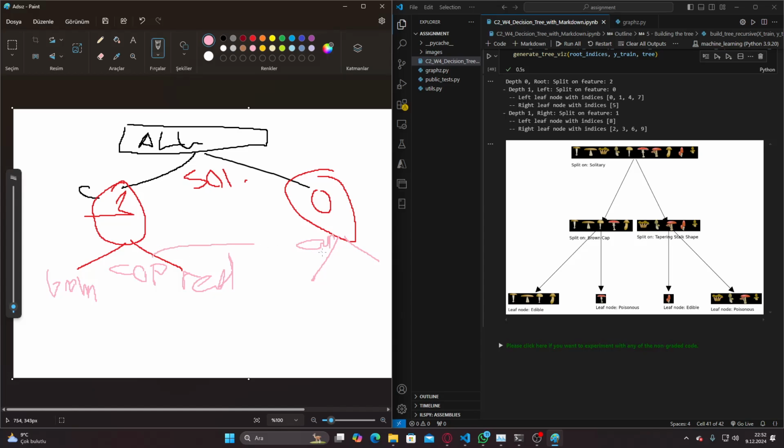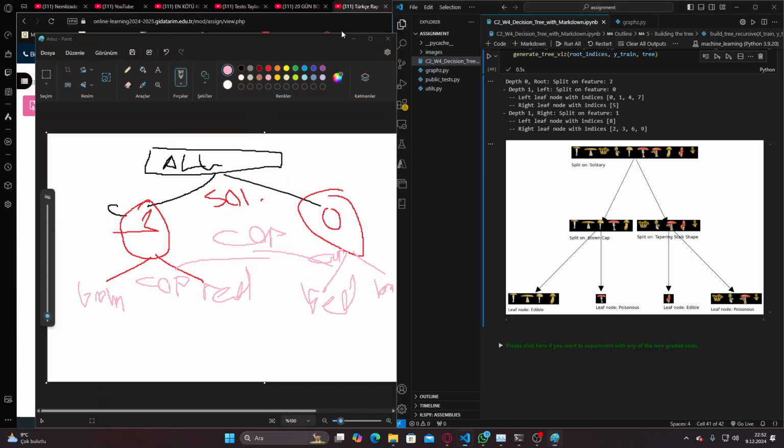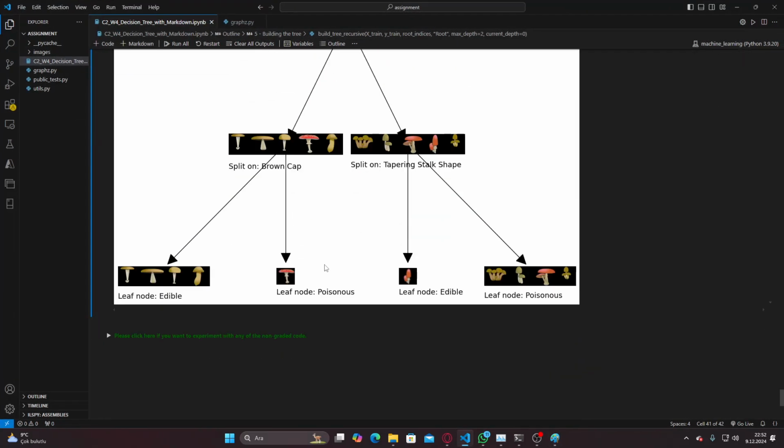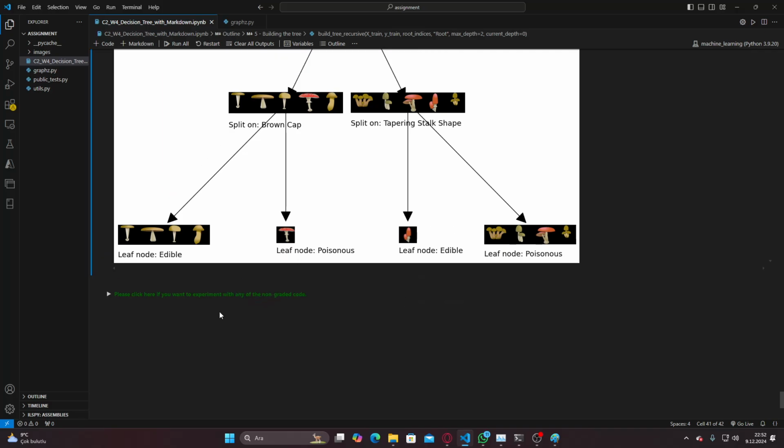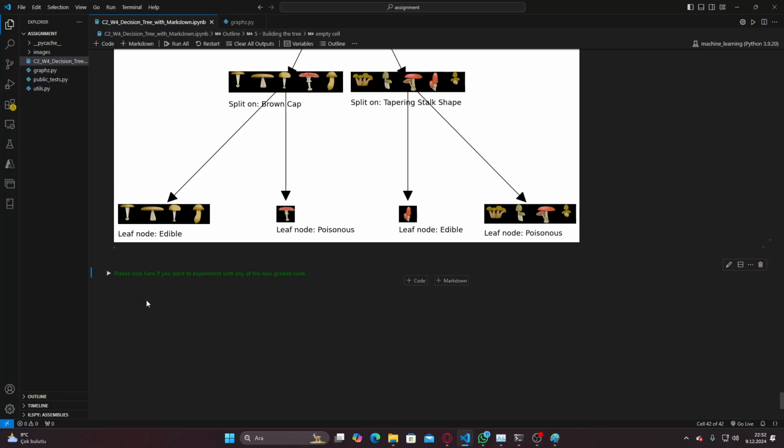Actually, we cannot divide by different things, so I can write cap in here, and it's red here on the left side, and brown on the right side. Okay, I'm not sure why I explained it like this.